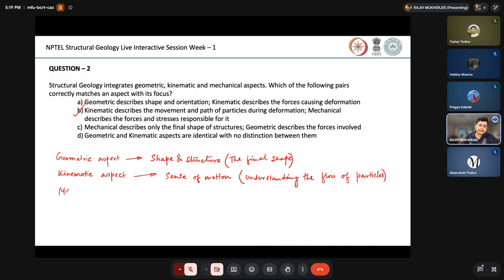And the mechanical aspect is actually the forces acting, which is also known as the dynamics, right?